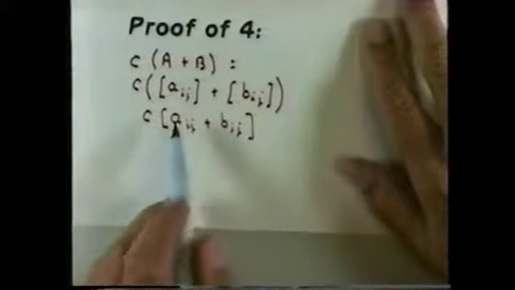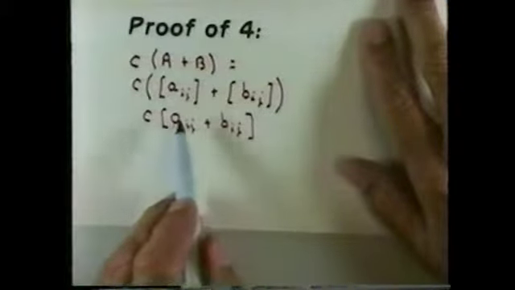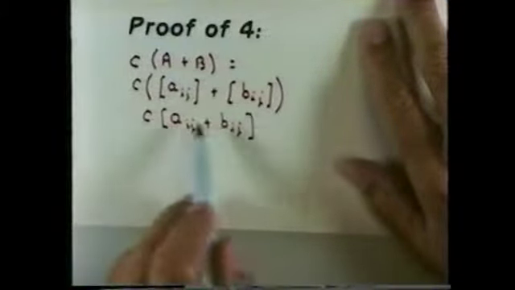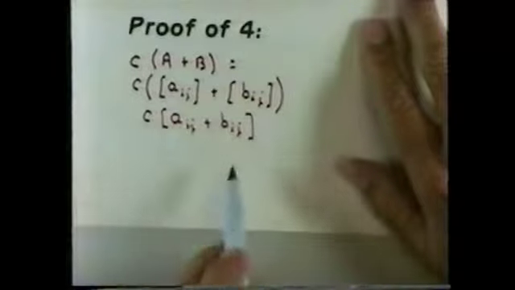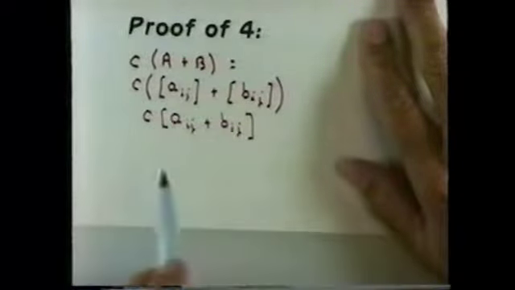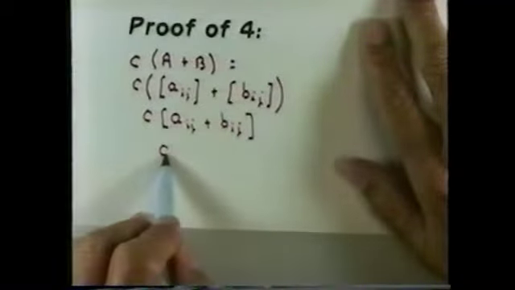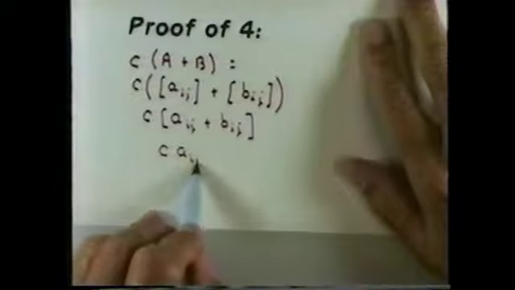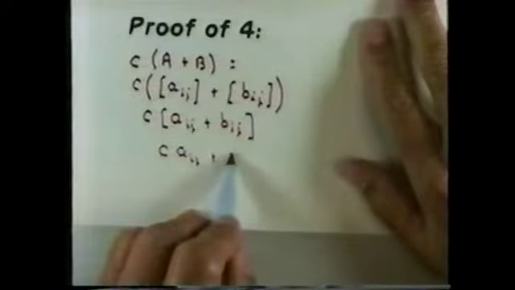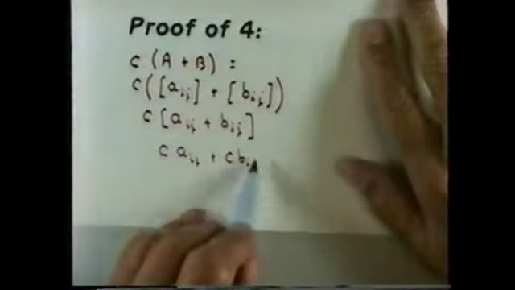Now, I really just have the one matrix here. Well, to multiply C by a matrix, I multiply C by all the elements. That would be C Aij plus C Bij.